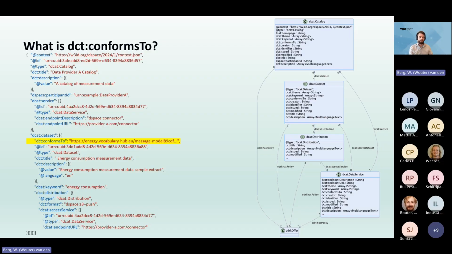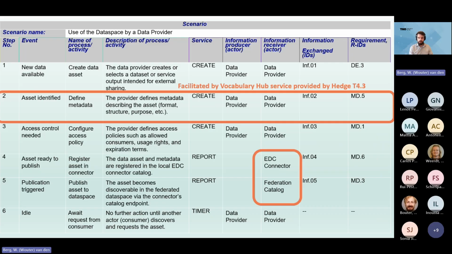And luckily, DCAT has a standard property called dct:conformsTo, which you can add with a specific link to the metadata about this dataset stored in the vocabulary. And this is what we do. This is how we do the steps we showed before: the user provides metadata, uses the vocabulary for that, and adding that link to the catalog is how we achieve the step define metadata.